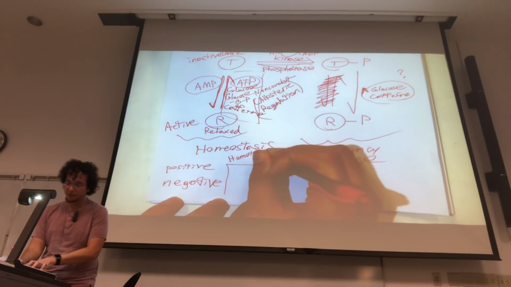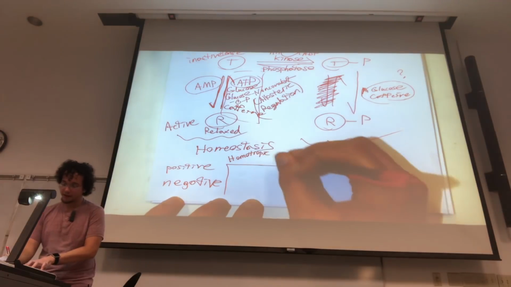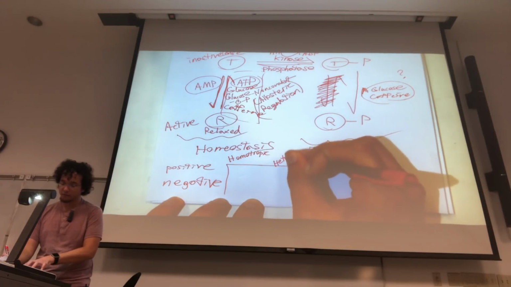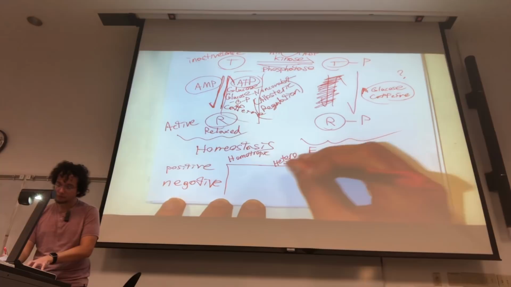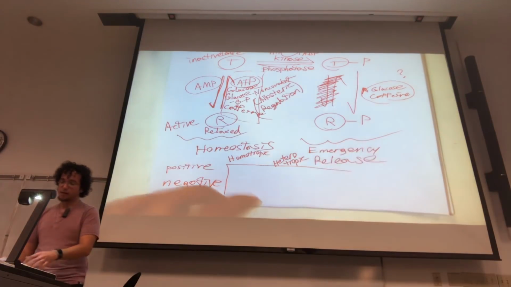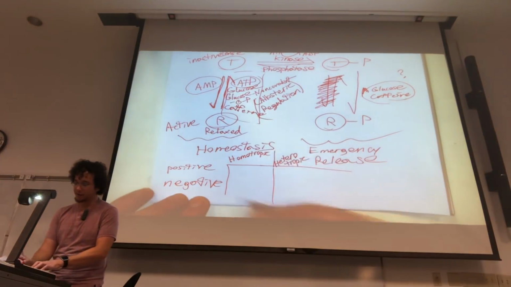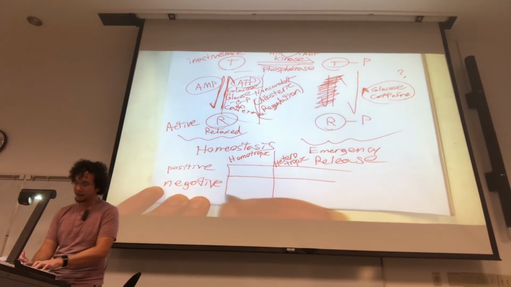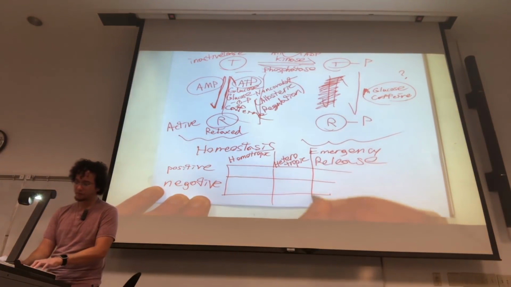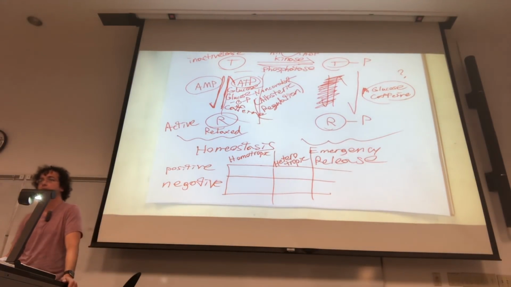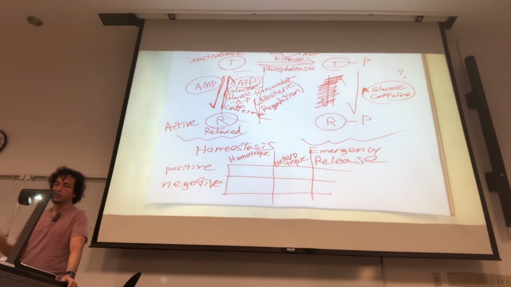You see the phrase homotropic and heterotropic. So effector molecules can be homotropic and heterotropic as well. What homotropic means is that the particular effector molecule you are talking about binds specifically to the active site.